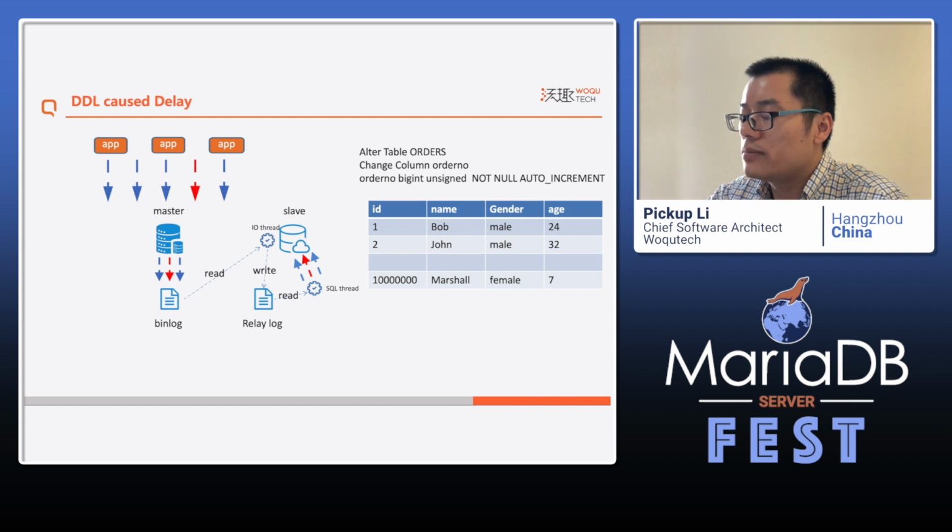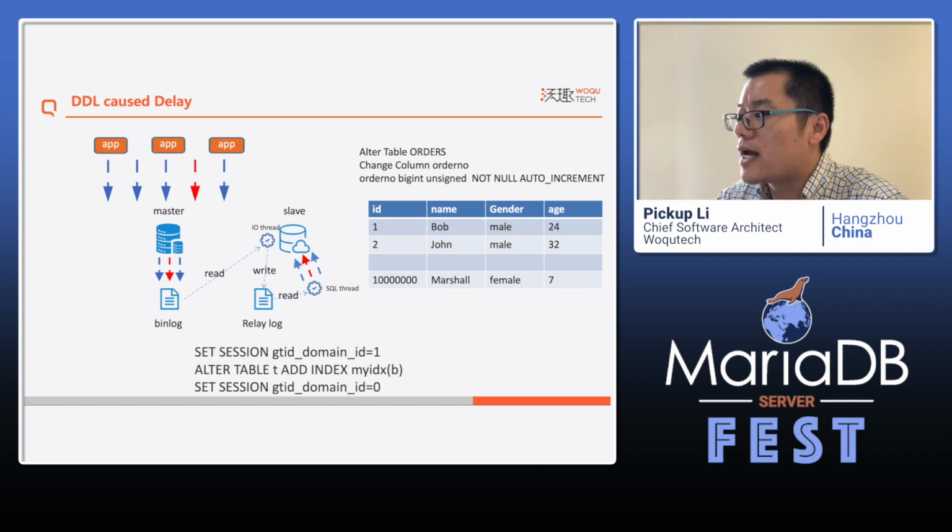The current MariaDB solution can only assume that the DDL will not conflict with other concurrent parallel DML. So you can set gtid_domain_id at the session level to allow DML and DDL to execute in parallel, like this. And a more general solution is gh-ost.